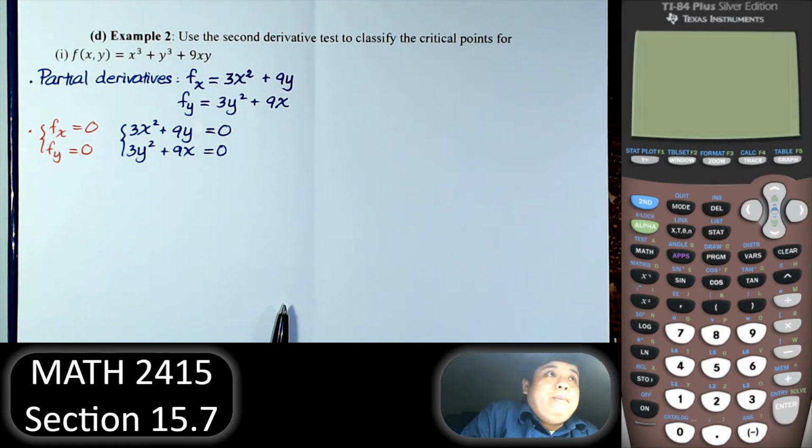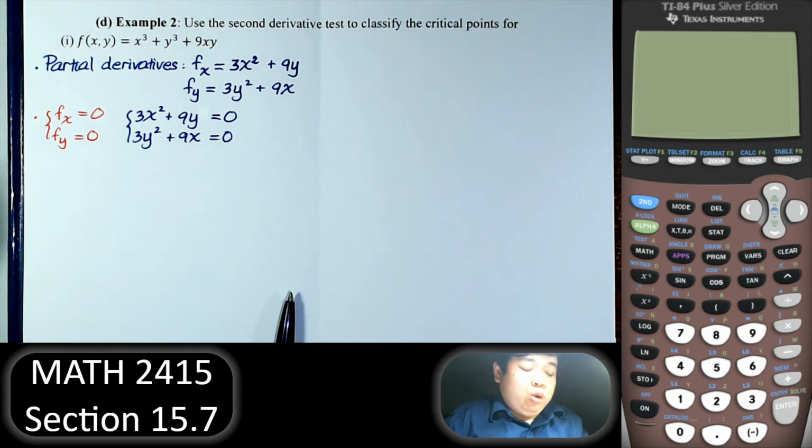So what can we do here? Usually in a system of equations we can use elimination or we can use substitution. I'm going to use both, but when I run the paper I only use one.